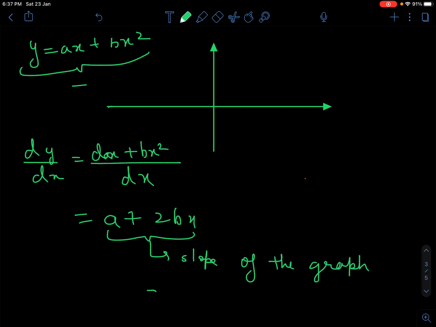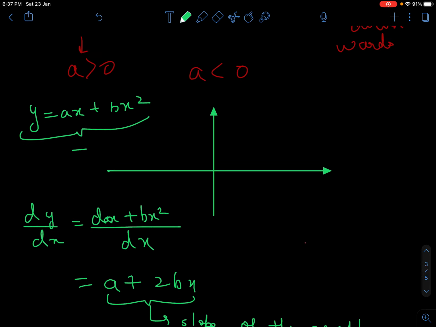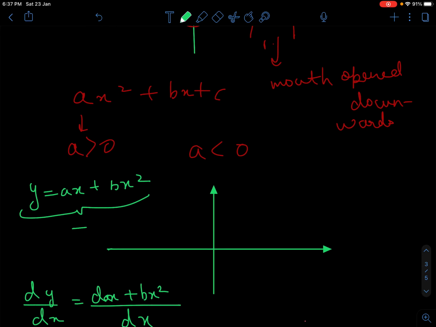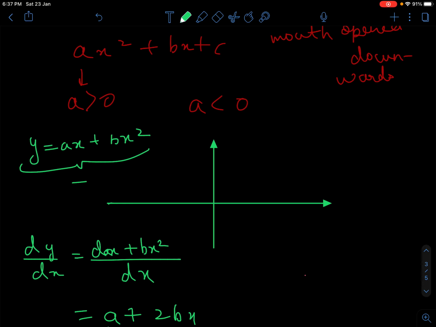We have found the slope. Now, as I told you, first put y is equal to 0. Taking x common, x times a plus bx equals 0, so x will be equal to minus a by b.